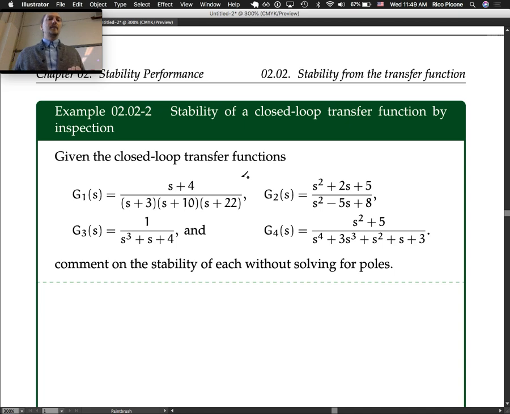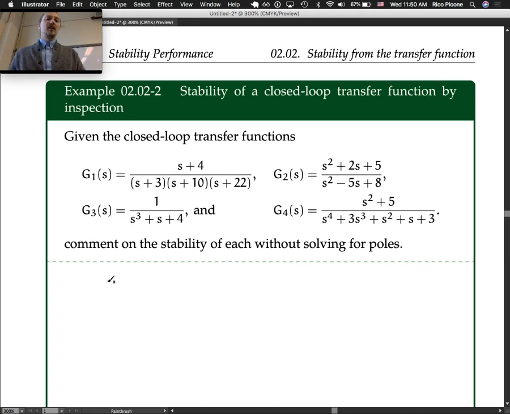So is this system stable, unstable? What can we say? It might be stable. Well, we say that it is stable because we know those poles. If we know the poles, we're good, right? If the poles are all negative real part, we know it's stable. So we can just say, just by inspection, G1 stable.